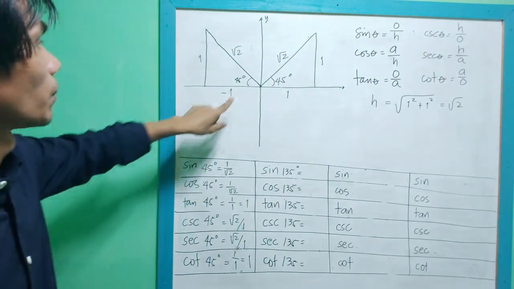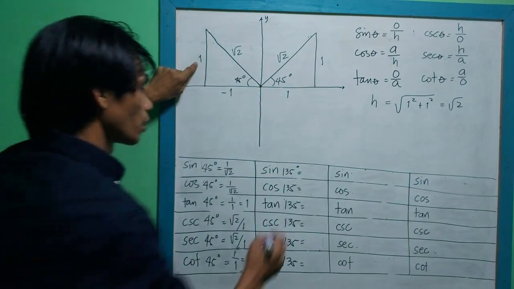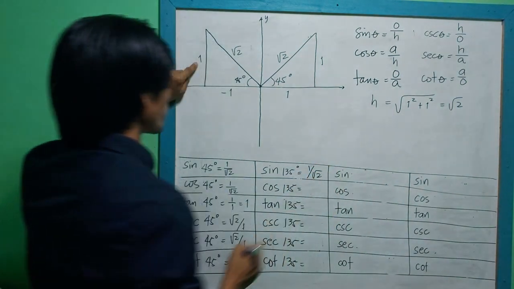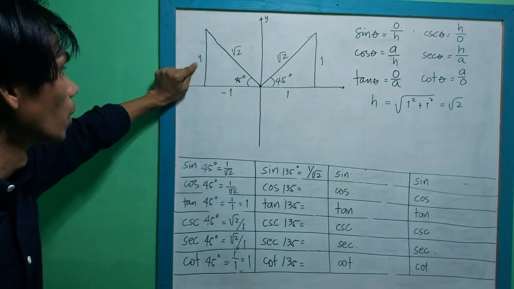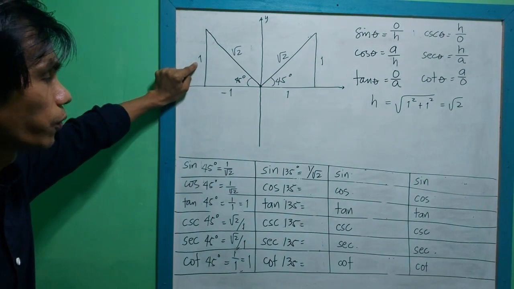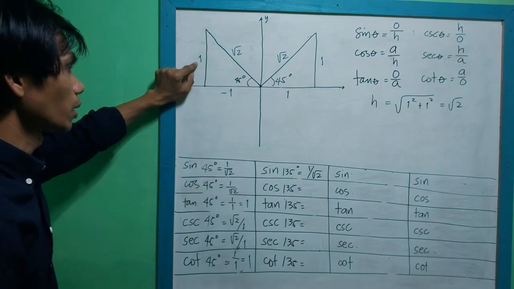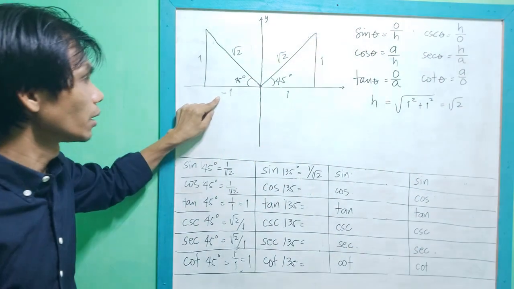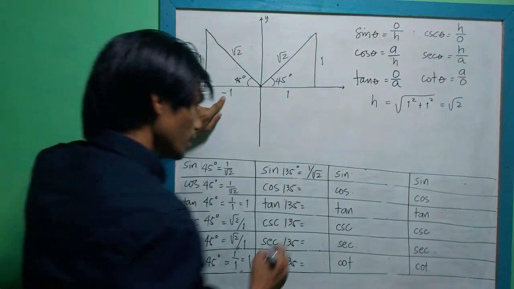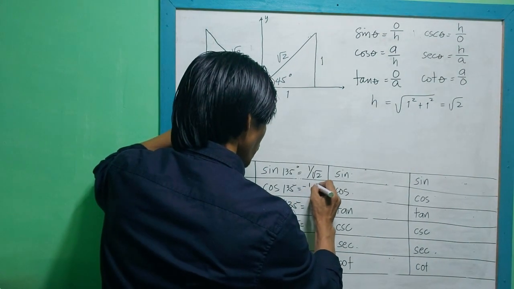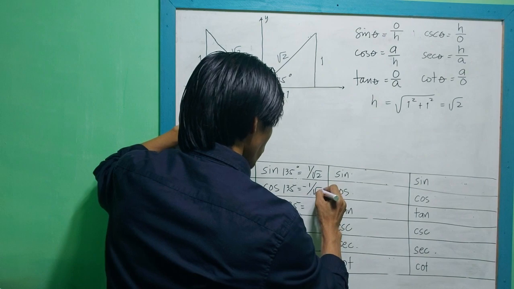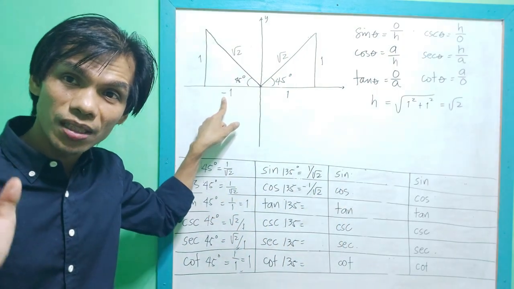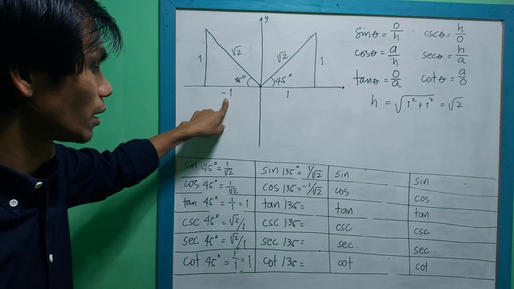Sine of 135 is opposite over hypotenuse, and that is still 1 over square root of 2. Okay? Cosine of 135. Dito na nagkakatalo. Pareho sila ng magnitude pero magkaiba sila ng sign. Bakit? Kasi adjacent is negative 1 over square root of 2. Okay?